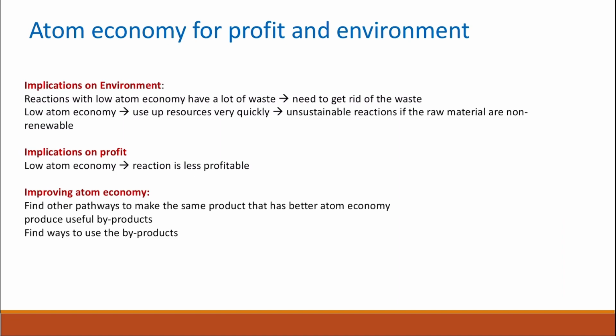Higher percentage means that this reaction pathway will give you the product exclusively without any side products or without waste. Or we can also make good use of the waste. So if you can find ways to use the waste so it becomes a useful product as well, useful in a different way, then that means that you can improve the atom economy.